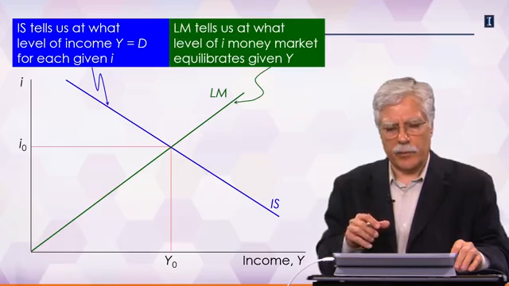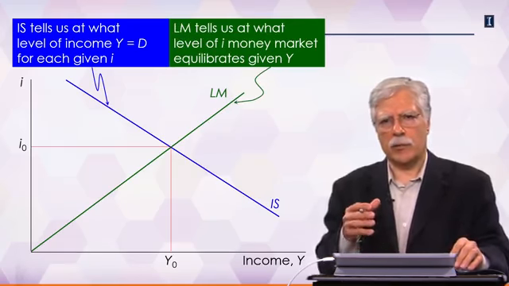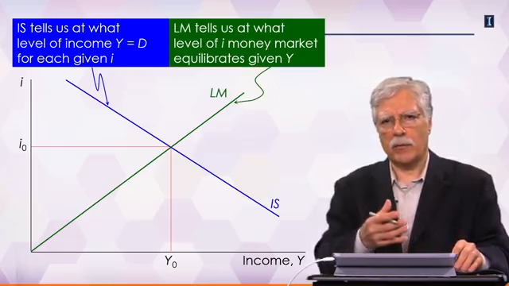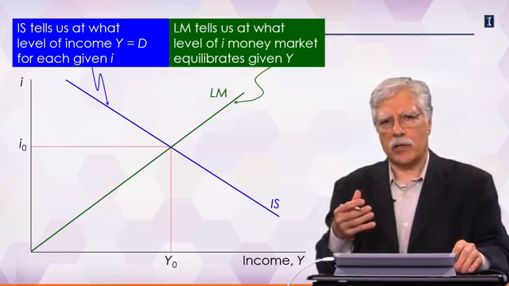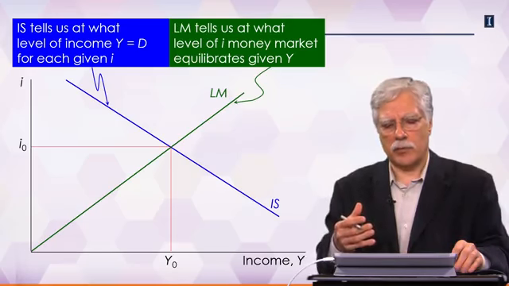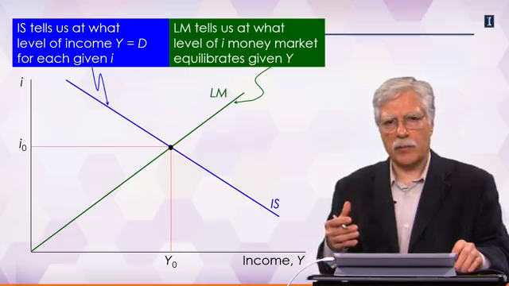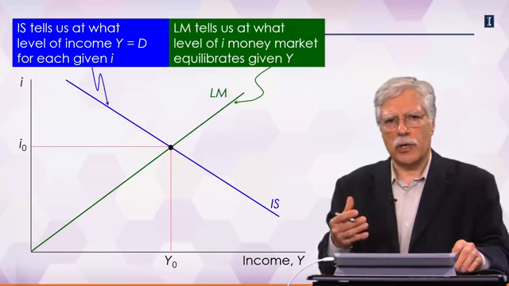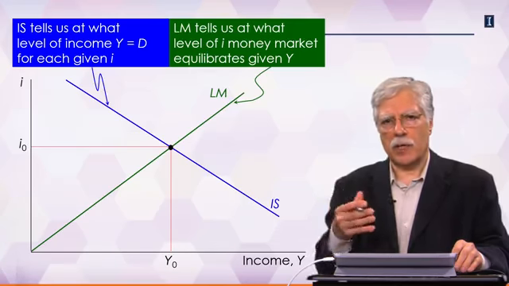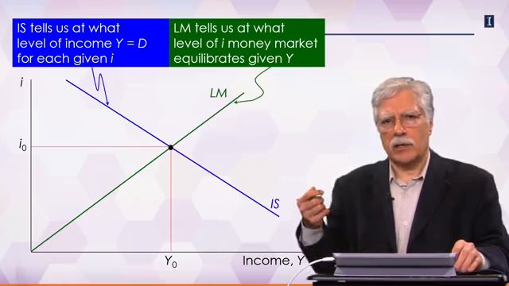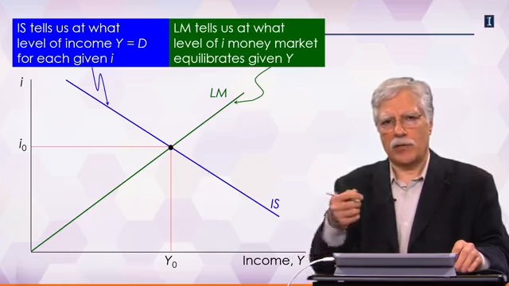Now, if we put these two together, the economy would be in equilibrium if both the money market and the goods market are at the same time in equilibrium, which can only happen if these two curves are crossing. So the equilibrium level of interest rate and income are determined jointly in the goods market and the money market. In the money market, income drives interest rate.